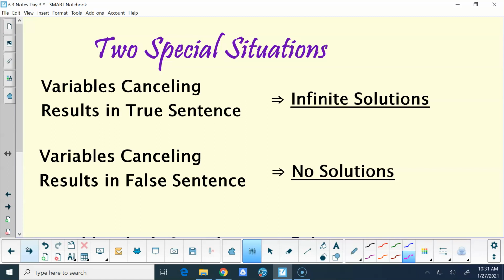If both variables cancel out and it results in a false sentence, then our answer would be no solution. In both of those cases, I strongly recommend that you go back and redo the problem just to check to make sure you didn't miss a sign or something like that and your variables canceled out by accident. Okay?